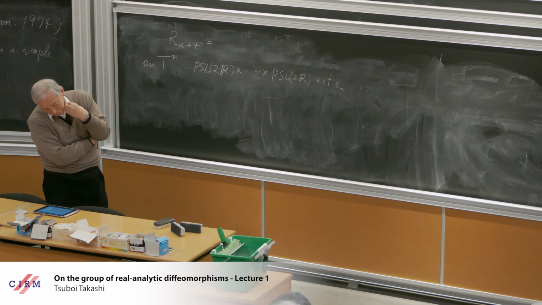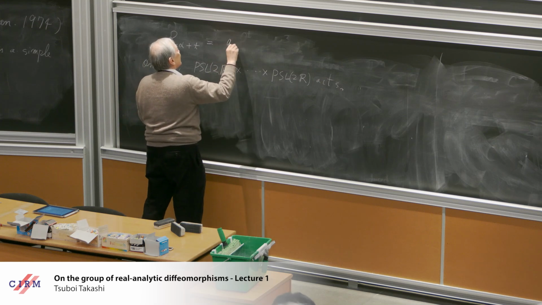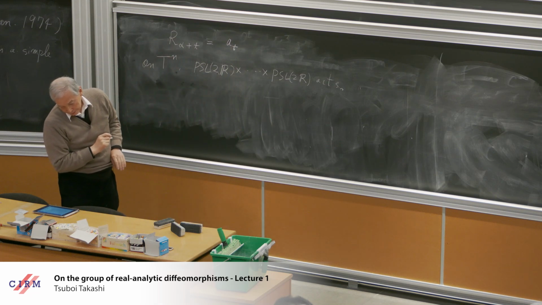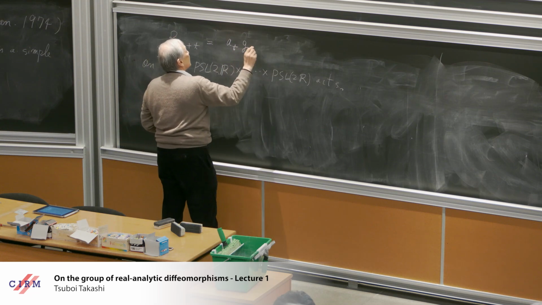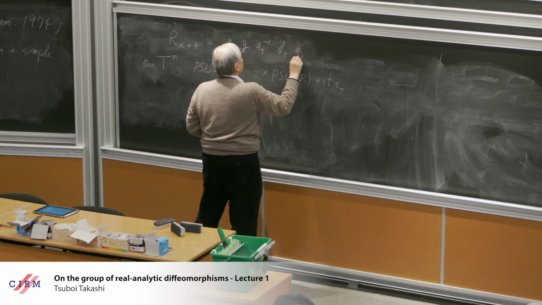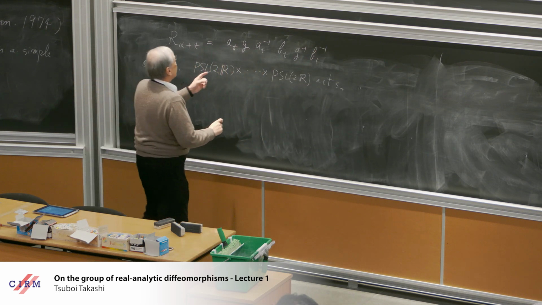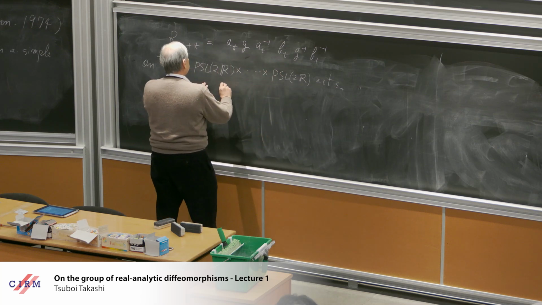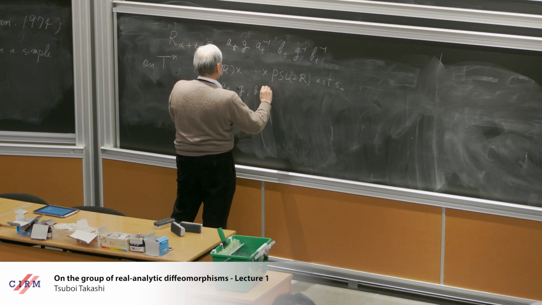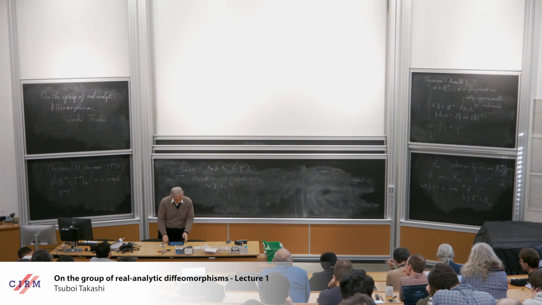So since it is simple, this can be written as a_t of one element g and a_t inverse, and b_t g inverse b_t inverse, where these a_t, b_t belong to this group. It is easy.